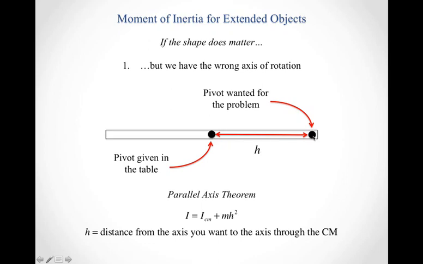You figure out what this distance h is, look up the moment of inertia through the center of mass, then take that plus mh squared. The parallel axis theorem is one of the tools we're going to use. It still lets us go look up the moment of inertia, then allows us to adjust if we want that object but through a different axis.